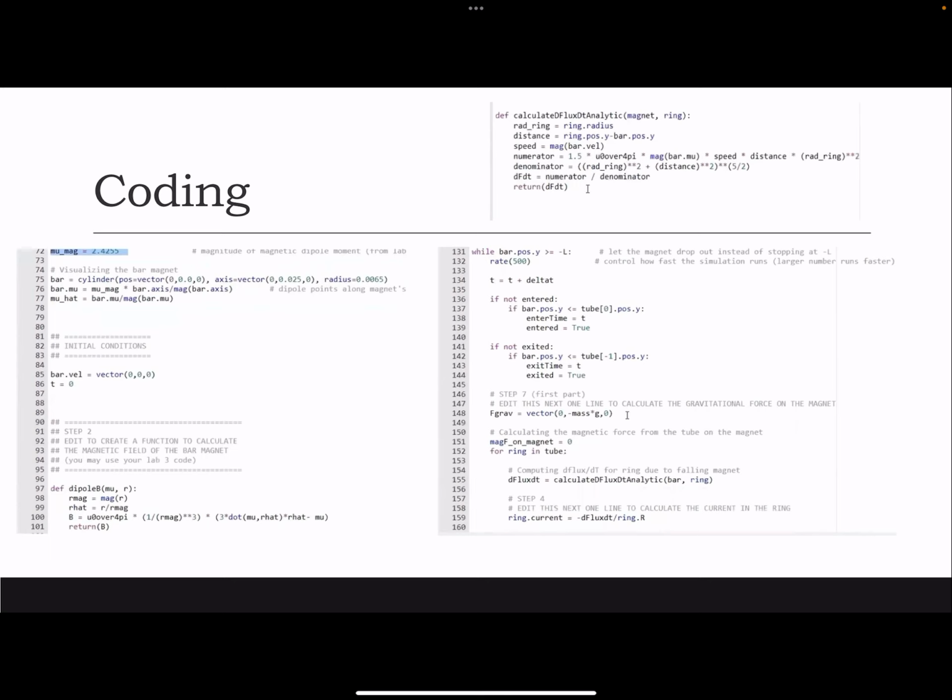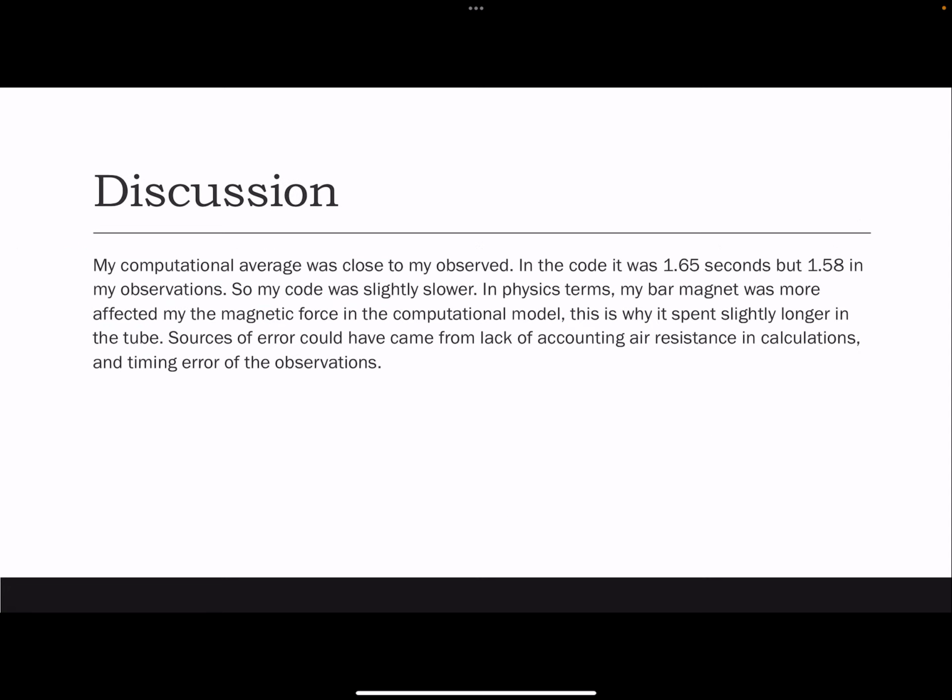And on the bottom right, this is how you calculate the gravitational force on the magnet, the magnetic force, and the magnetic flux. Also, to calculate the current in the ring, because we all know the ring's current is what pushes the magnetic force.